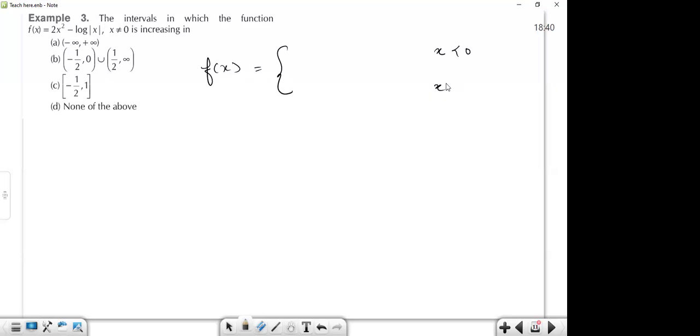So maybe x is less than 0 or maybe x is more than 0. For x less than 0, the modulus function will break out like this. For x more than 0, the modulus function will remain as it is. So let's now discuss the derivative of the function.